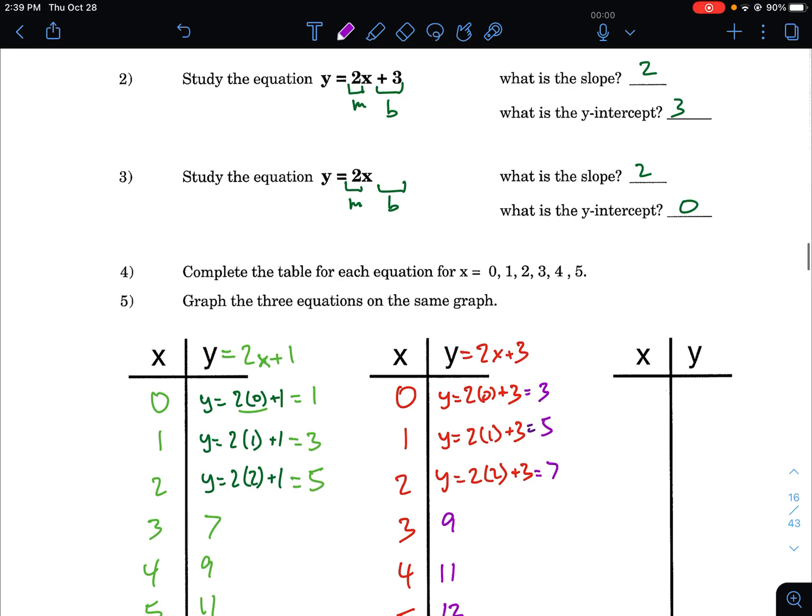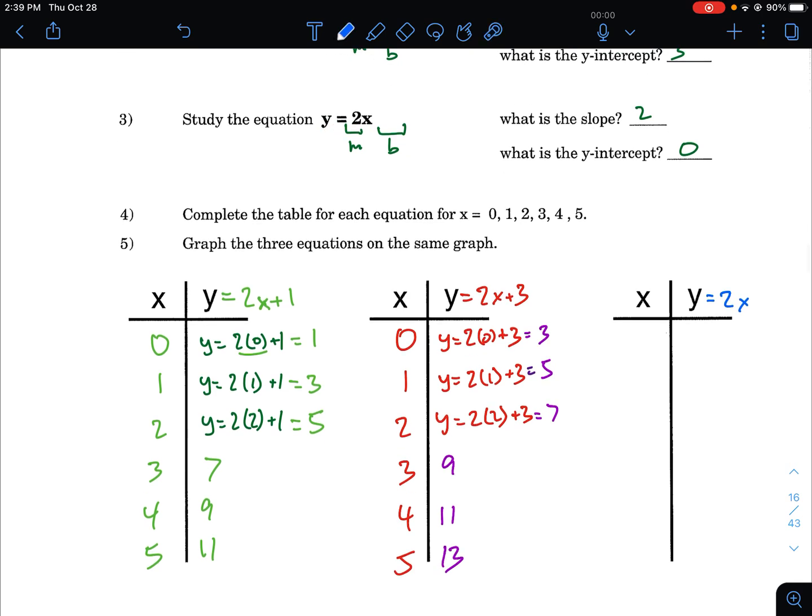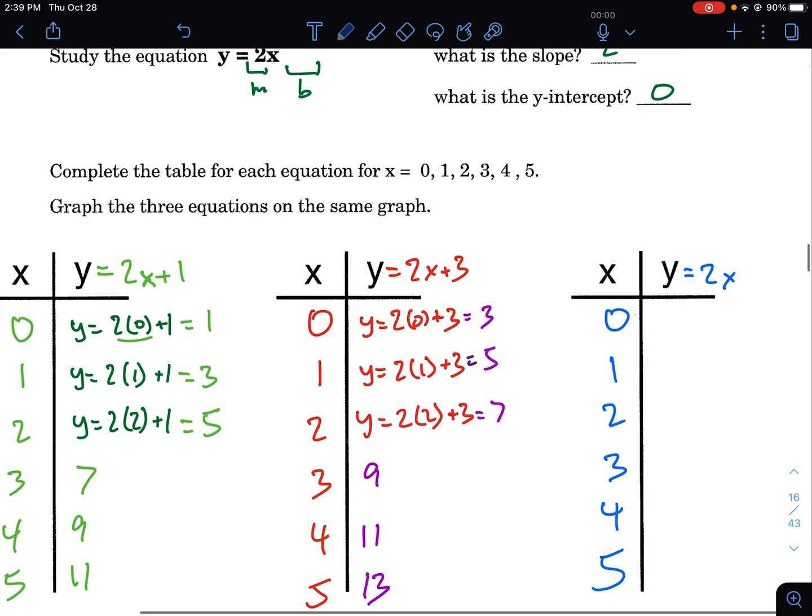And then let's do the other graph. Let's make that in blue. It's y equals 2x. It's this graph right here. So they want x to equal 0, 1, 2, 3, 4, and 5. Y equals 2 times 0.